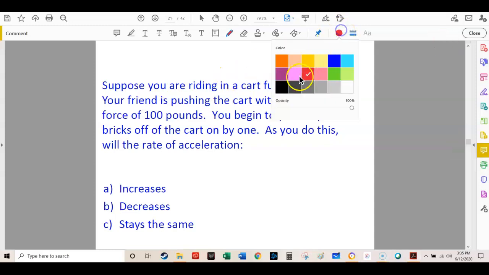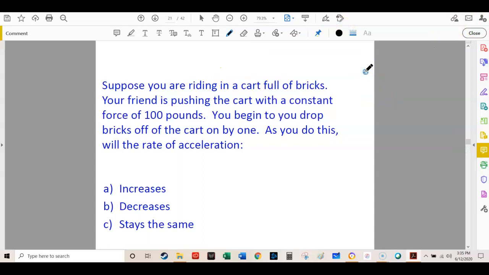Well, again, Newton's second law: acceleration is equal to force over mass, right? And so the force is being maintained at a constant 100 newtons of force, right? So that's a constant.